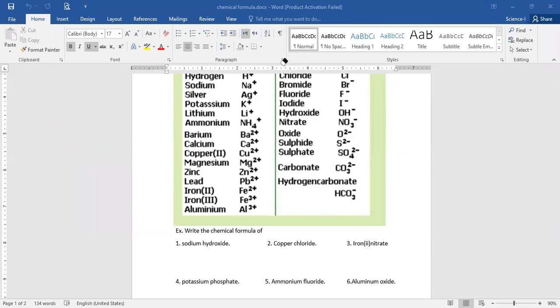The next one is potassium nitrate. Let's find who can answer this, guys. Yes, Hana Hamdi.